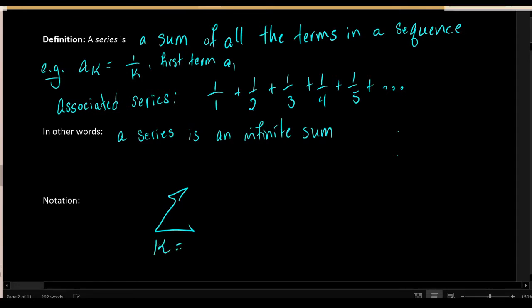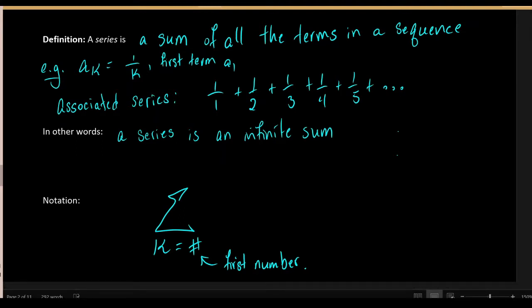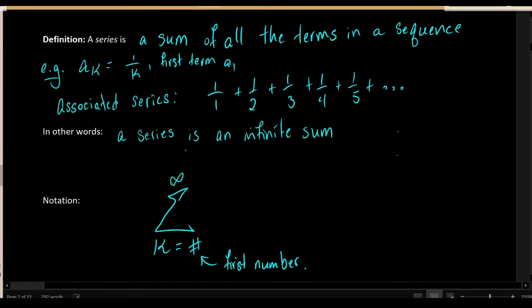And then below the sigma we indicate the starting number. Above that, where we would normally have the number where the sum stops, we're going to put infinity, because a series is an infinite sum, adding together infinitely many terms of a sequence such as a sub k.